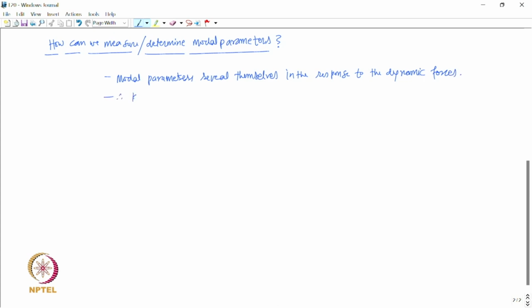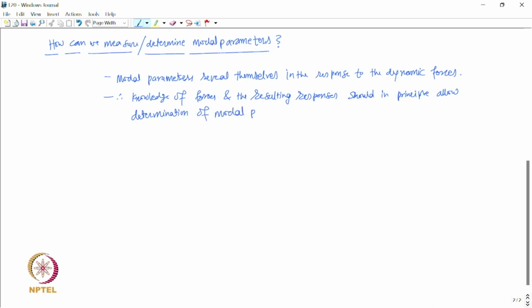And therefore, knowledge of forces and resulting responses should in principle allow determination of modal parameters. Okay.